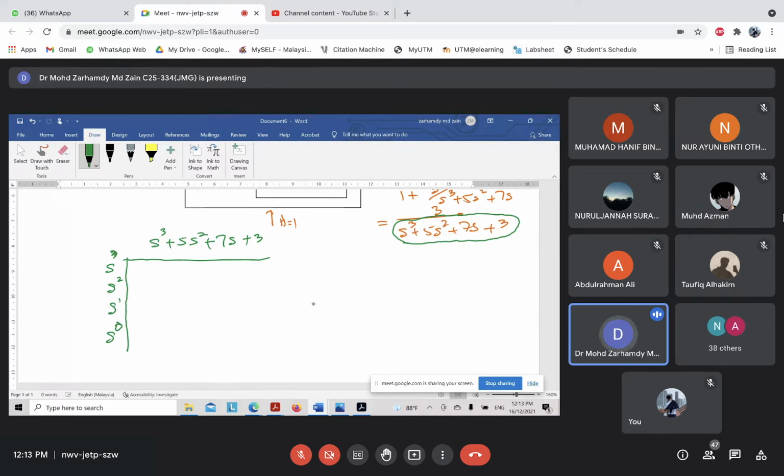We follow the concept of RH. The coefficients for S cubed are 1 and 7, and we don't have a 0. For the second row, we have 5 and 3, and also 0.